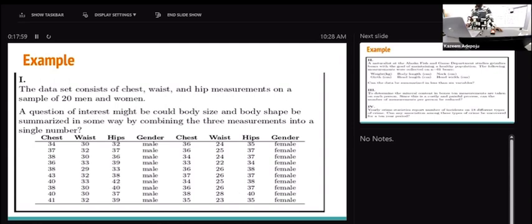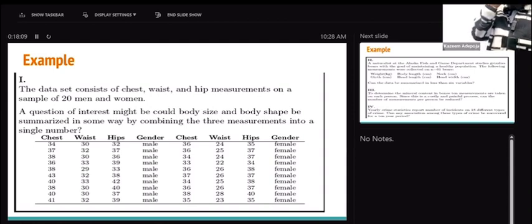This is a data set that consists of chest, waist, and height measurements of a sample of 20 men and women. On Monday I gave you another example that has to do with housing data. We're looking for the possibility of pruning the number of variables we have into a manageable size.